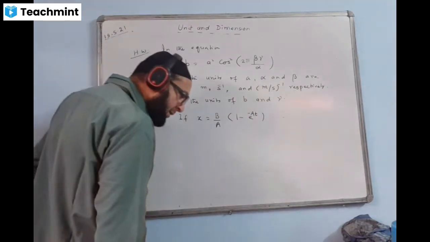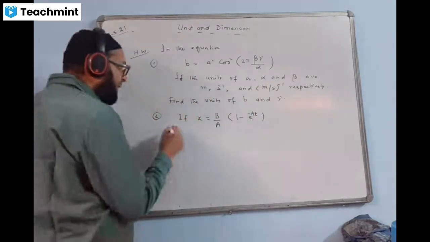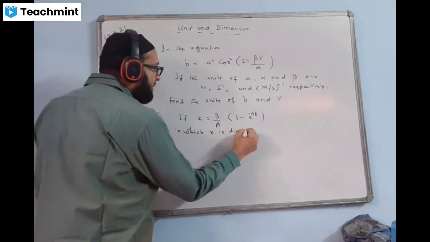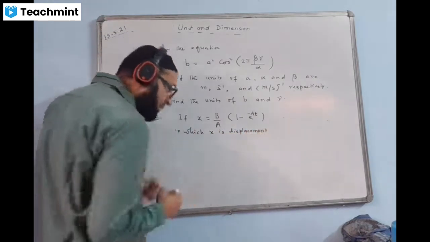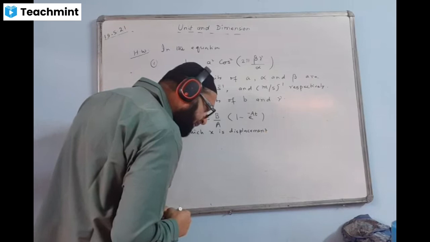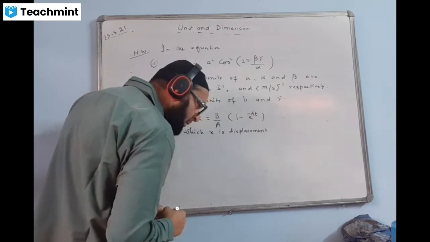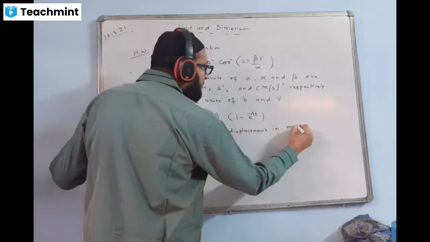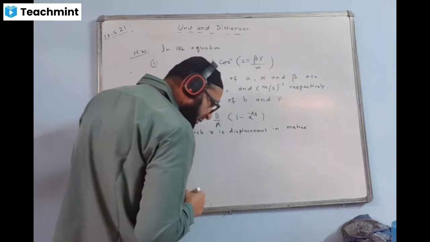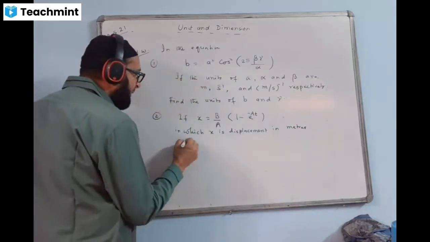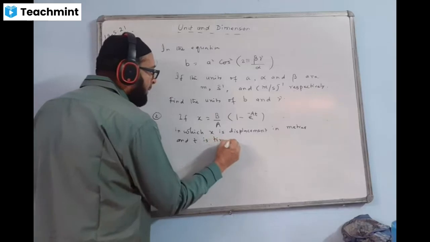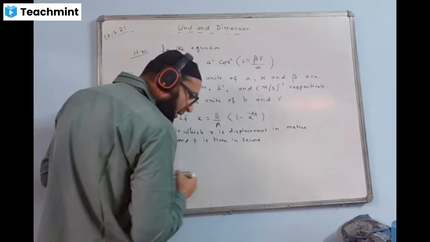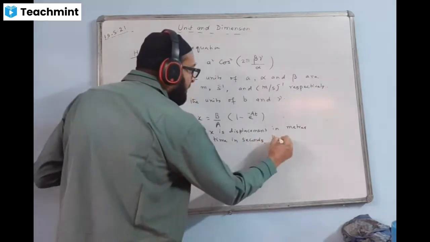Minus at, in which x is displacement in meters, and t is time in seconds.